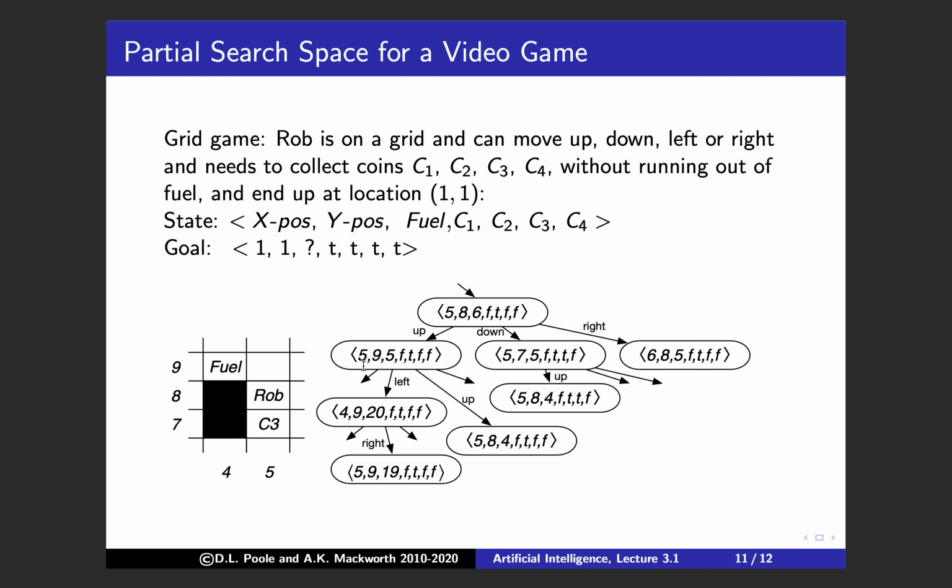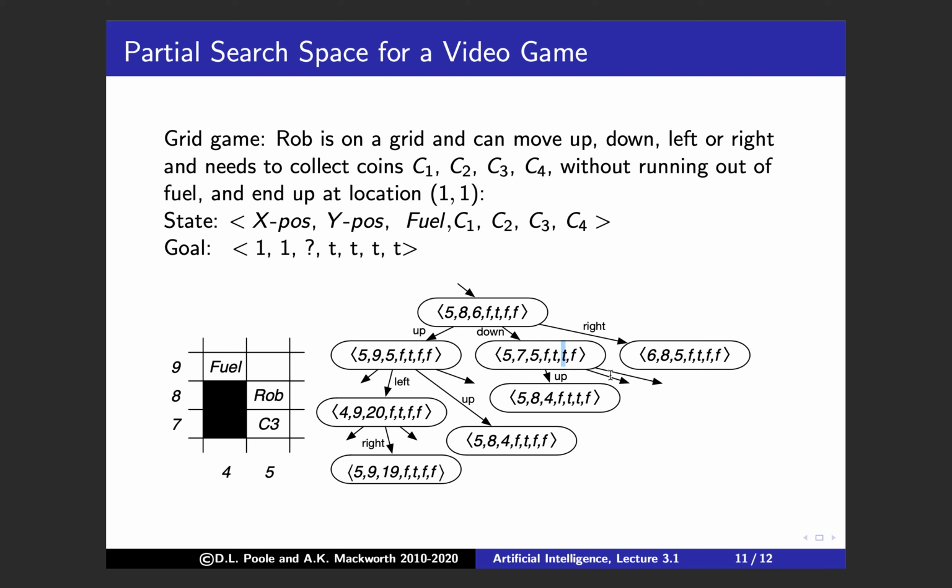So from here it can move up. And when it moves up, it ends up at position 5, 9 here. But it only has 5 units of fuel left. It still has the same coins it had before. If instead it moved down, it was at position 5, 7. It now has 5 units of fuel, but it now has coin C3. So this one here is now true.